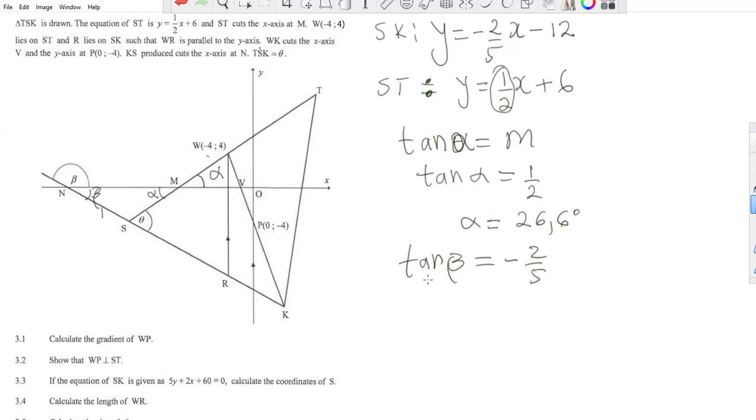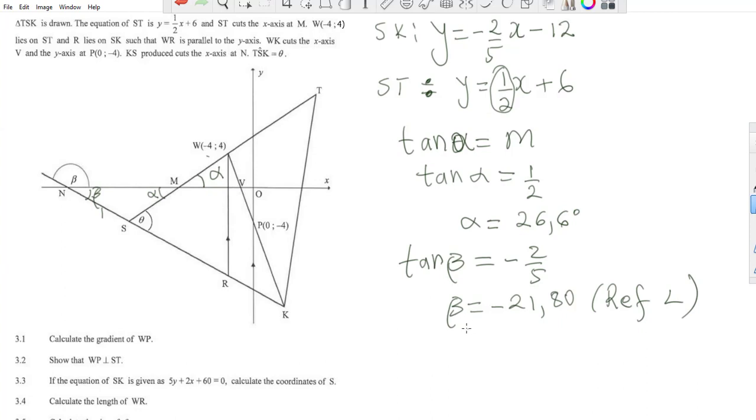All right, now if you shift your calculator, you press tan inverse of -2/5, the answer here will give you beta equal to -21.80. So this is a reference angle because it's got a negative.